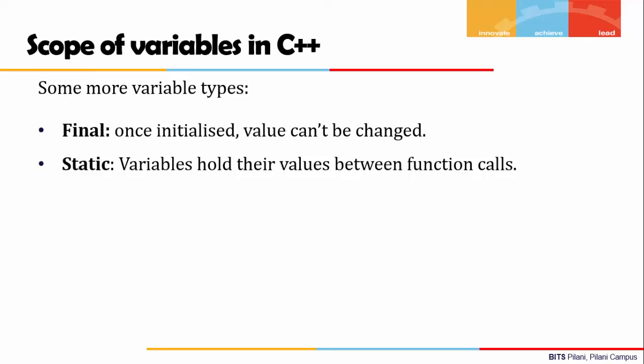So these are the variables which are initialized and allocated storage only once at the beginning of program execution. A static variable retains its value until the end of the program. If you are familiar with operating system architecture, local variables and function arguments are stored on the stack, while global and static variables are stored on the heap.